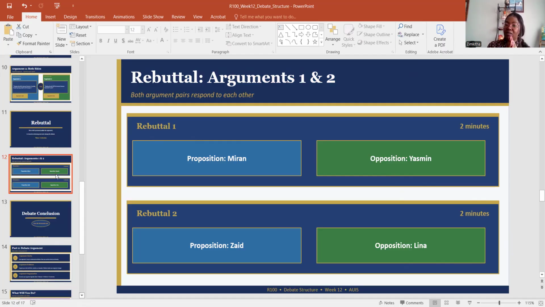So your rebuttal is arguments 1 and 2, but in real time. You are sitting there, listening to what the person is saying, making notes, making an evaluation so that you can get up and refute their point. So this part you do in real time. The first parts you go and prepare at home.